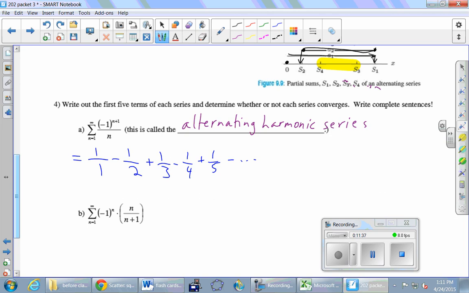Now you don't just get to write converges or even converges by the alternating series test. You have to tell me that you have verified that it meets the 3 conditions. But you can pretty much bully me into believing it. You just have to say it. So in this case, we know that a sub n plus 1 is definitely less than a sub n. The terms are all getting smaller.